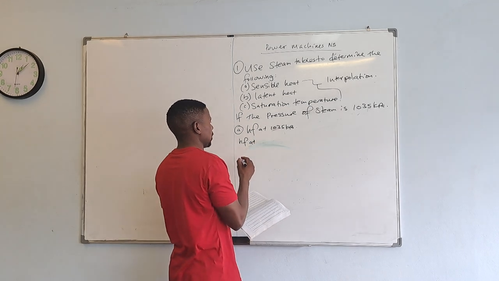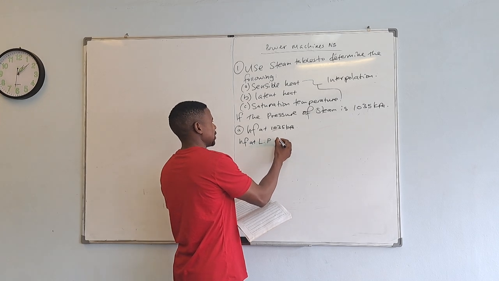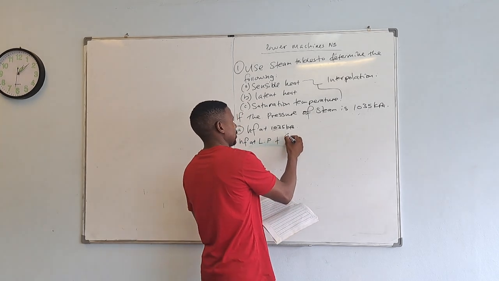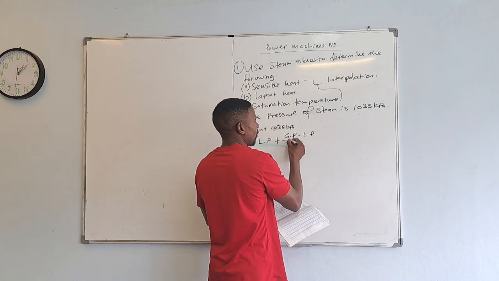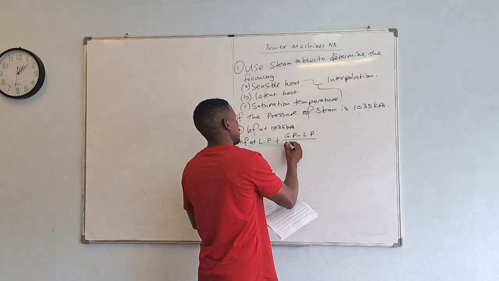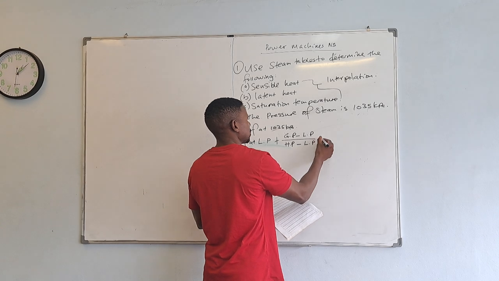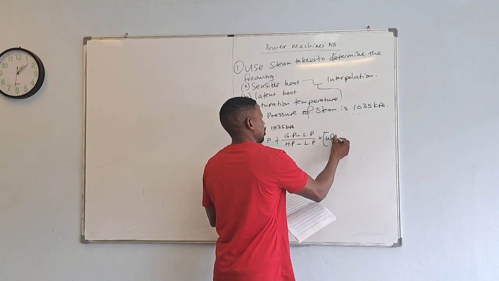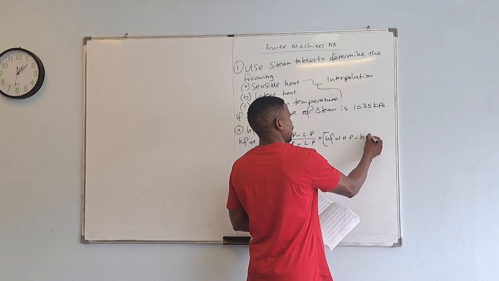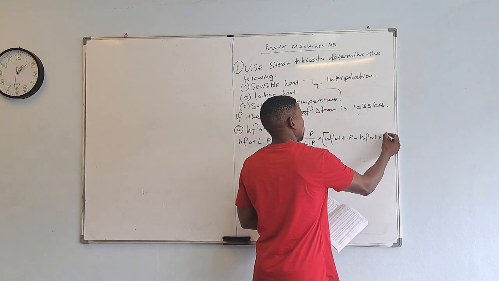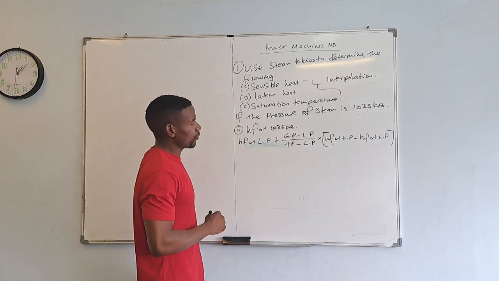So we need to get our HF at low pressure plus the given pressure minus our low pressure, over our higher pressure minus our low pressure, times our HF at higher pressure minus our HF at low pressure. So that's how we resolve a question like this by means of interpolation.